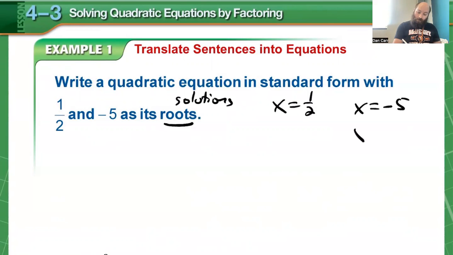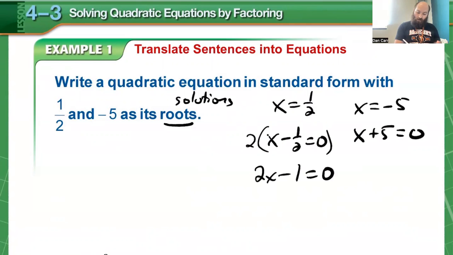So for example, this was the result of having x plus 5 equal to 0. For 1/2, I could do the same thing, x minus 1/2 equal to 0. But now I'm dealing with a fraction here. We didn't have that before. That means I'm going to multiply everything by 2. So it's 2x minus 1 equals 0.